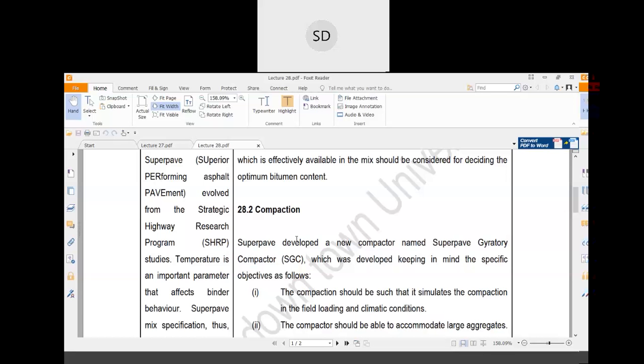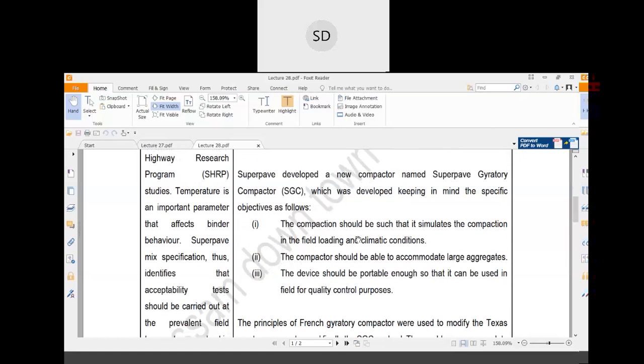Therefore, to enable the compaction for the Superpave design, one compactor specially for Superpave design has been developed, and some of the objectives of this compactor are as follows.